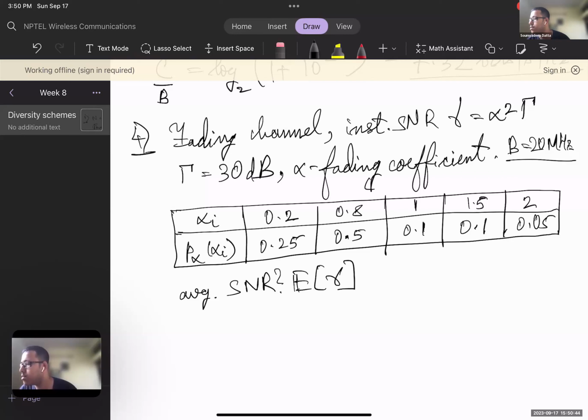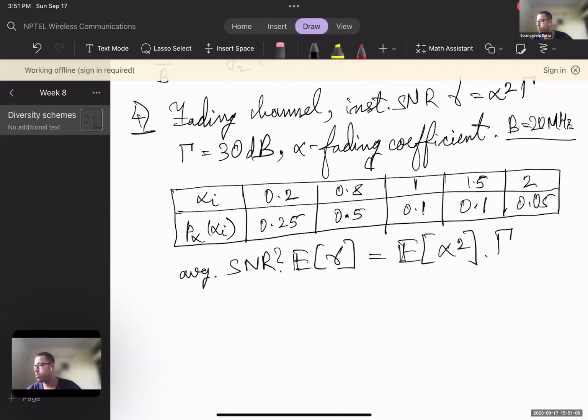Now capital gamma is known, so you have to find the expected value of alpha squared.